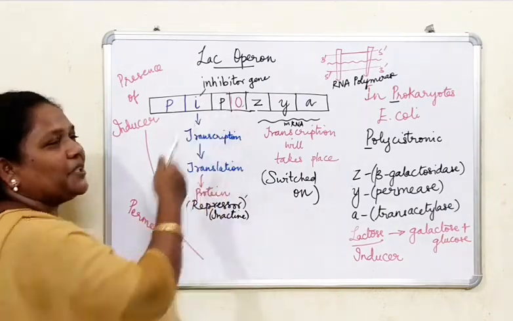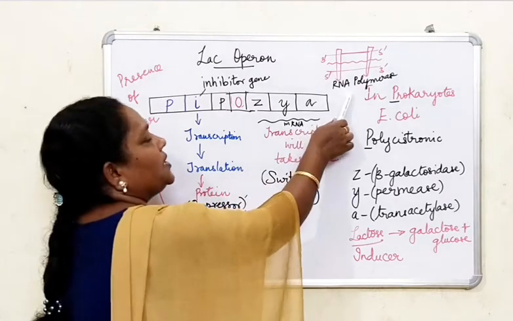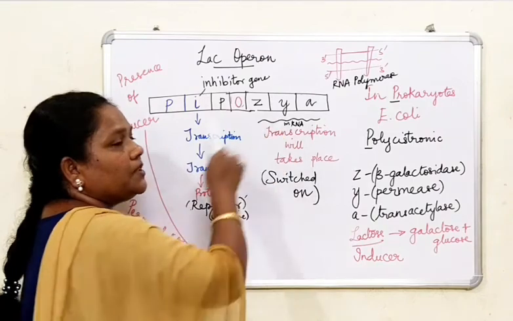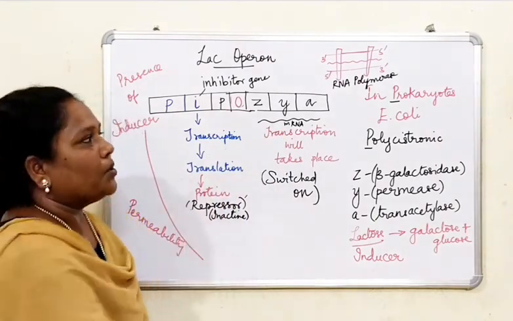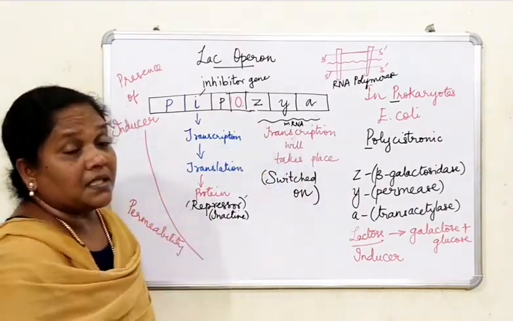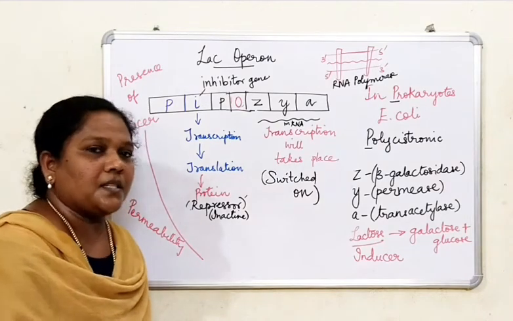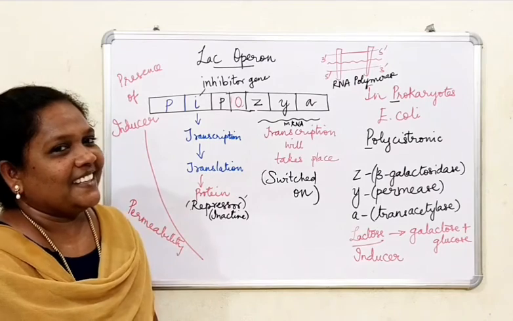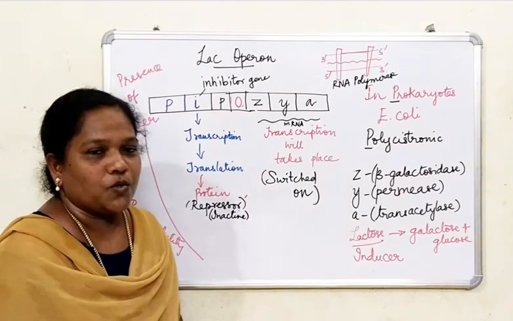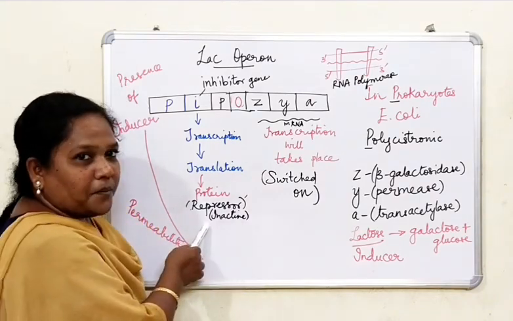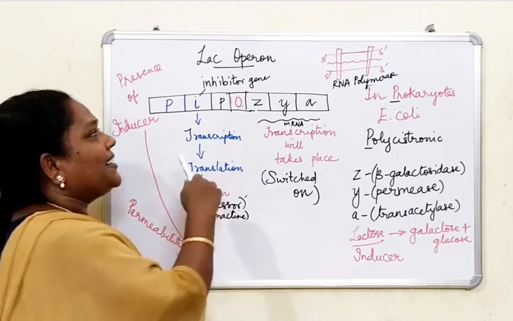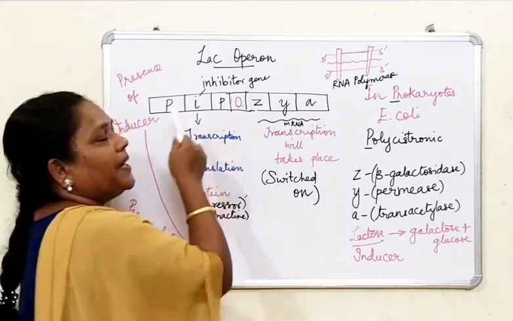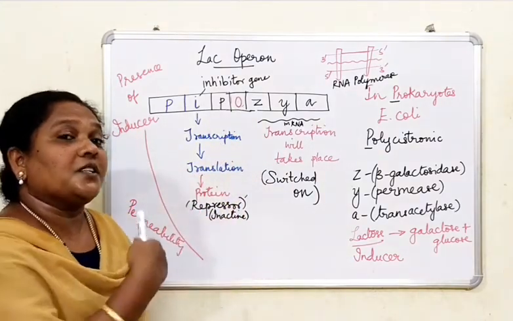If it does not bind to the operator, the RNA polymerase will come and bind to the promoter, and initiation will start. Transcription will take place so that all these genes can be transcribed. Then translation will occur and the protein will be synthesized. But if there is absence of lactose, this repressor protein will become active and bind to the operator, so RNA polymerase cannot bind to the promoter and transcription will not take place.